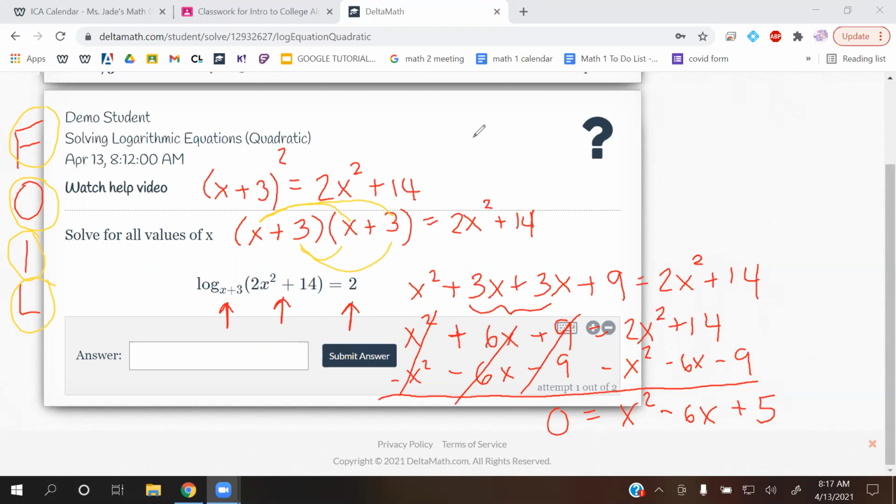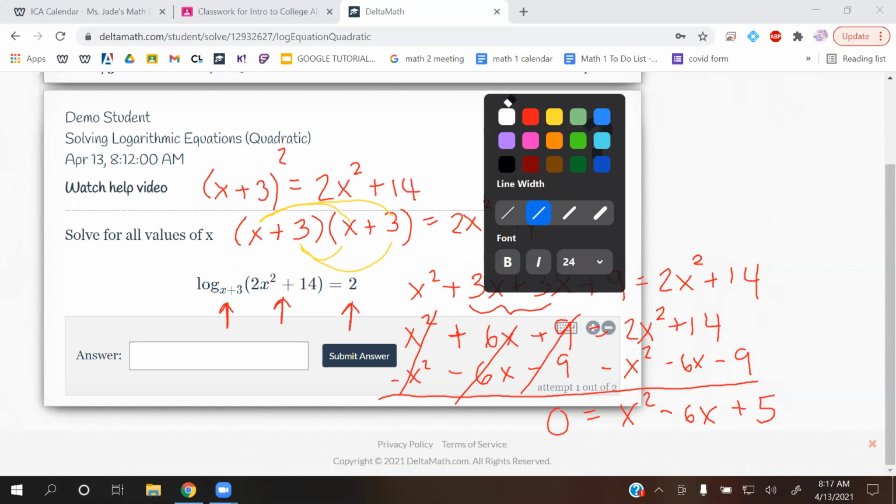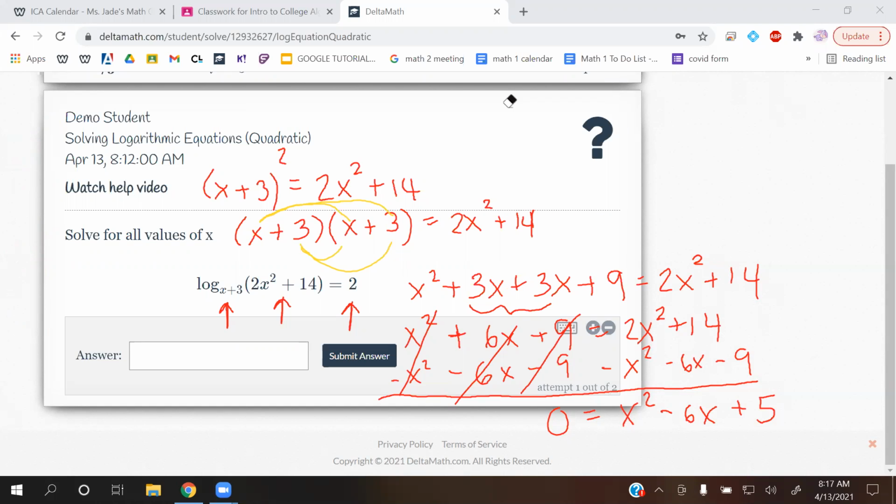here we go. So from here, I'm going to erase the word FOIL because I want more space. We're going to solve this by pretty much just doing the X factor method. So we have 0 is equal to x squared minus 6x plus 5. Remember, the 5 can go on the top.